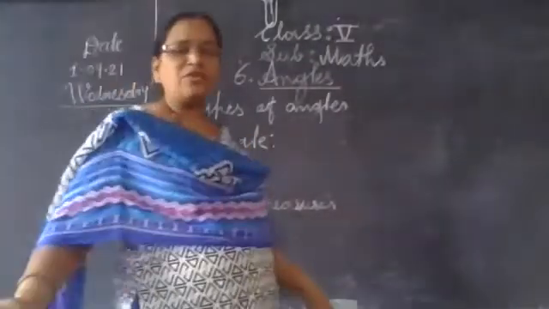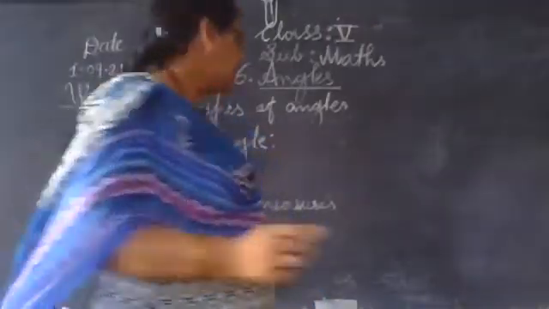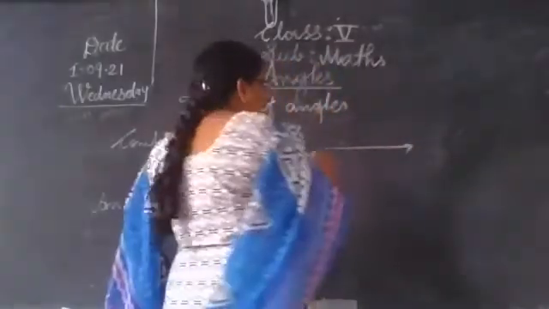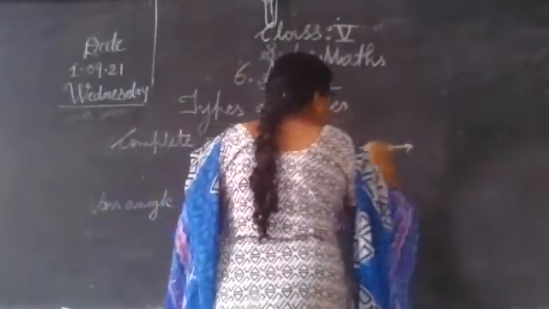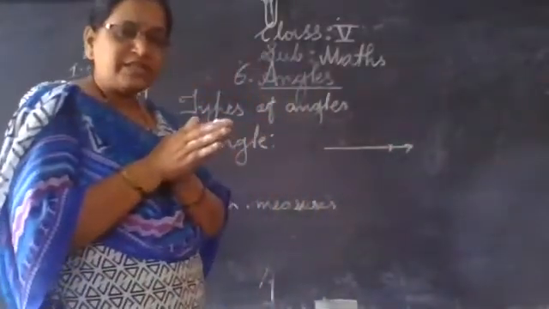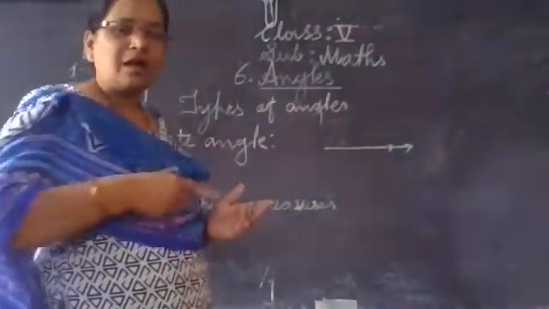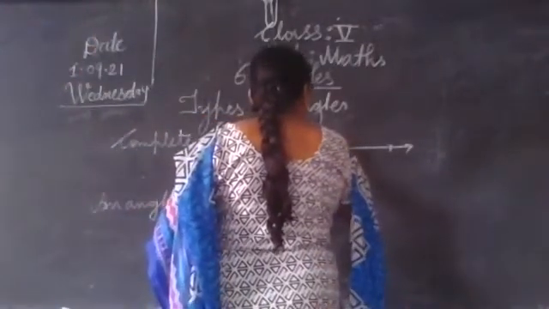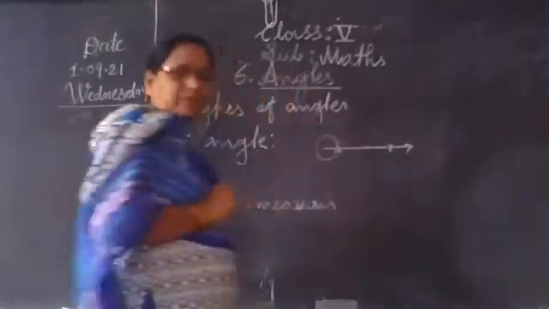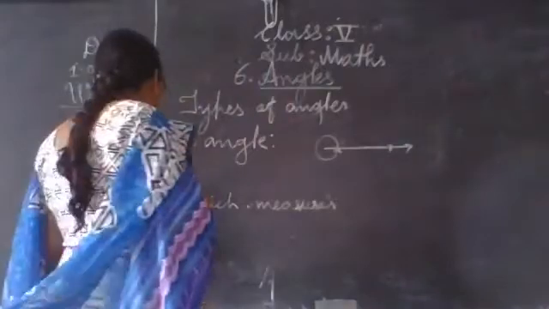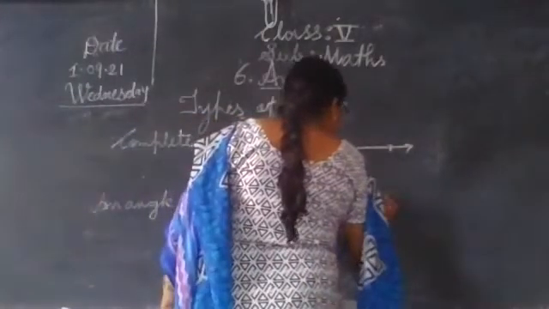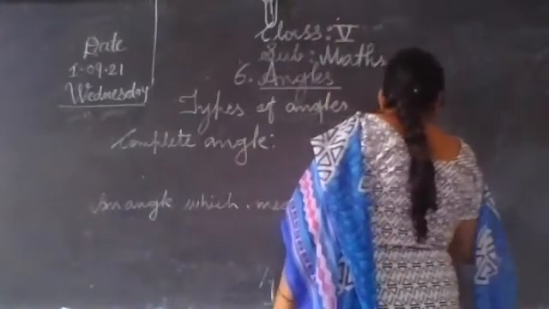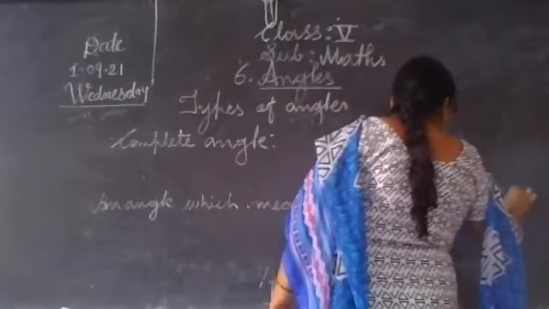And a complete angle is 360 degrees. So this is the baseline of the angle and this is another ray. Both the rays coincide with each other after a complete rotation. An angle which measures 360 degrees is a complete angle.